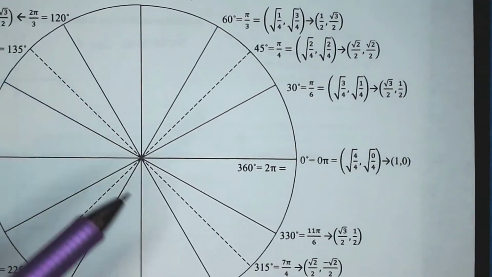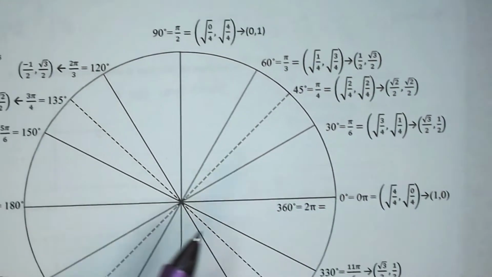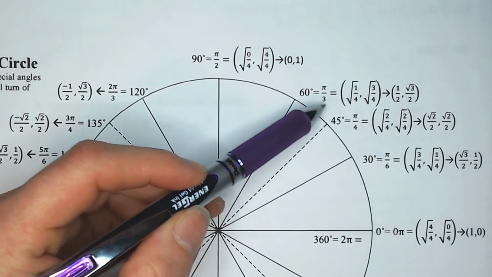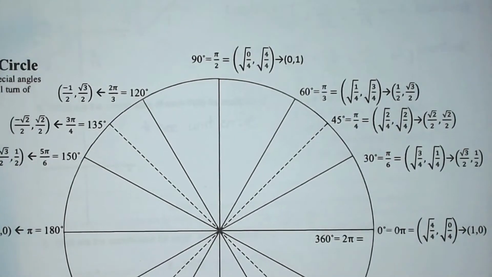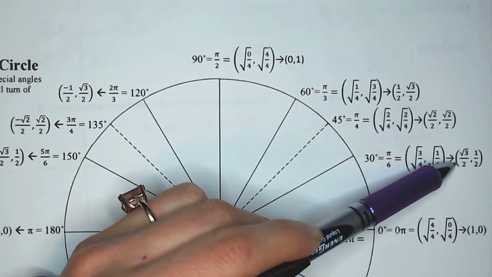And then finally over here at 330 degrees, or 11 pi over 6, root 3 over 2, negative 1/2. All of these angles, they have similar properties if you look around your unit circle. So find the pattern. You need to remember these three coordinates.